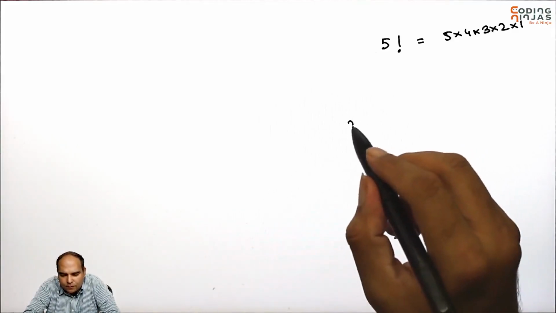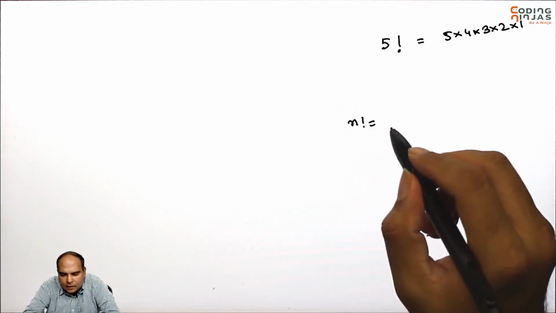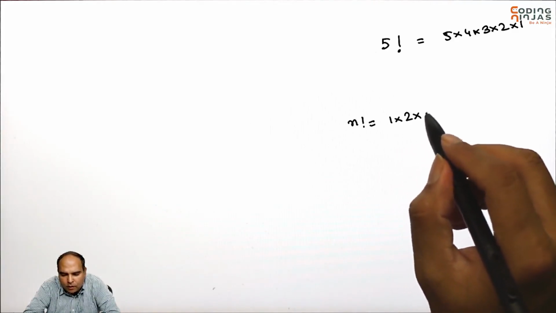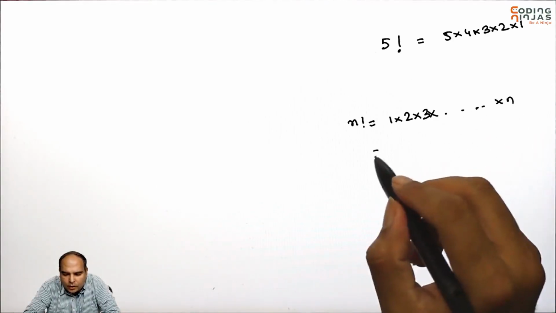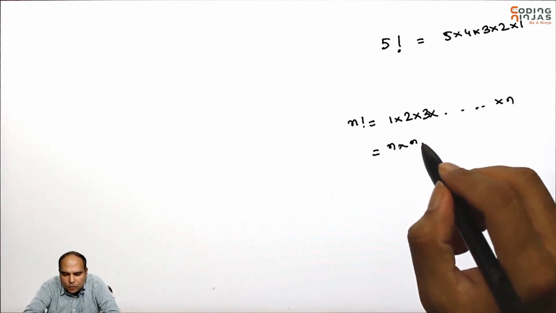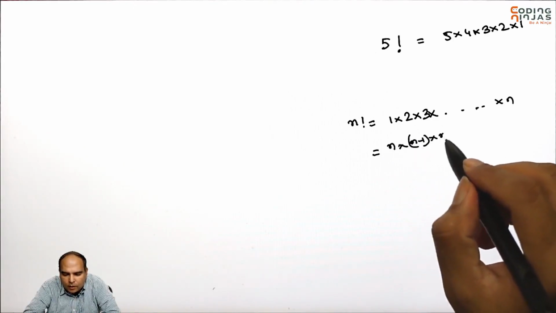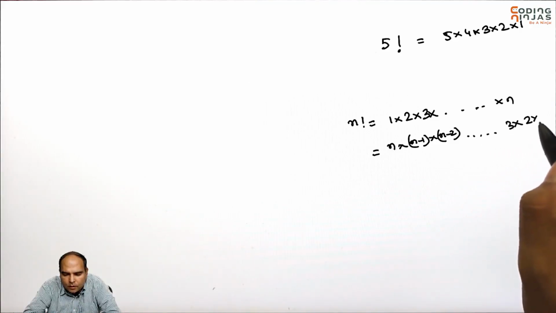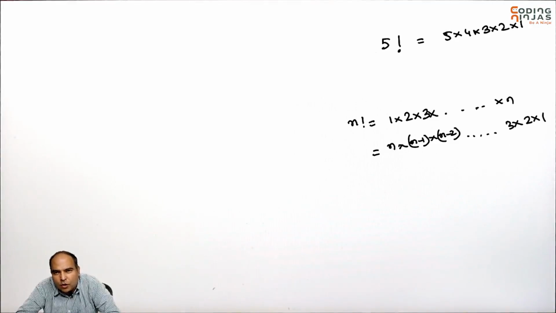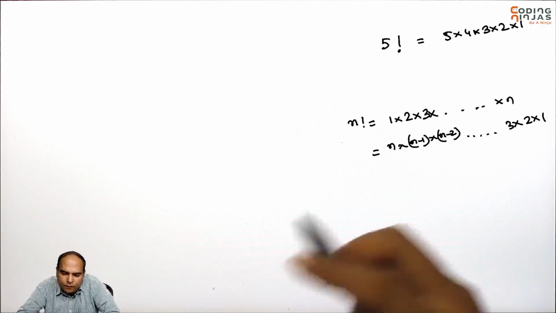So n factorial can be written both ways, 1 into 2 into 3 up to n, or it can be written as n into n minus 1 into n minus 2 all the way to 3 into 2 into 1. Either way is the same thing, because in multiplication the order does not matter, and factorial is only defined for whole numbers.